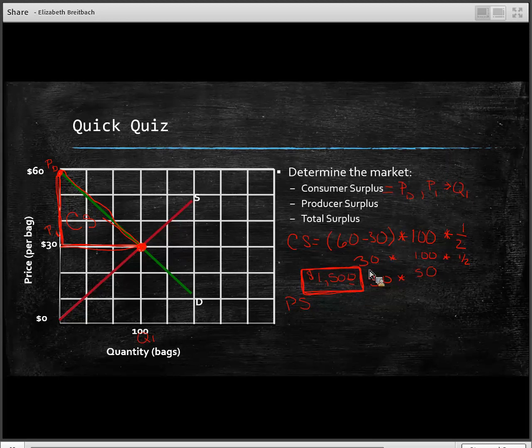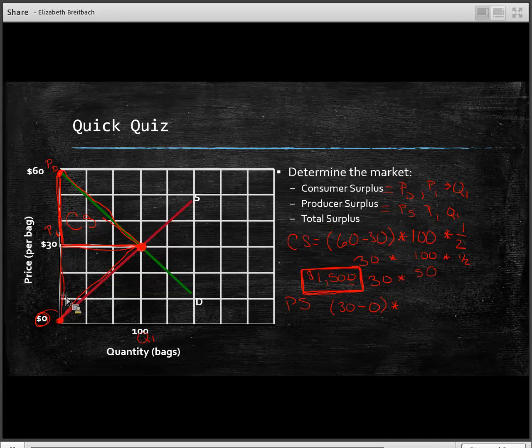For producer surplus, we need P1 and Q1 as well, but instead of PD, we need PS. PS represents where our supply curve intersects the price axis, and that happens at $0 in this example. So we take the price minus PS, from 0 to the quantity of 100.